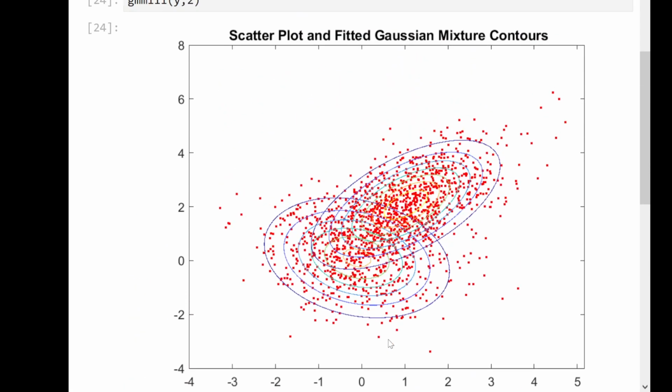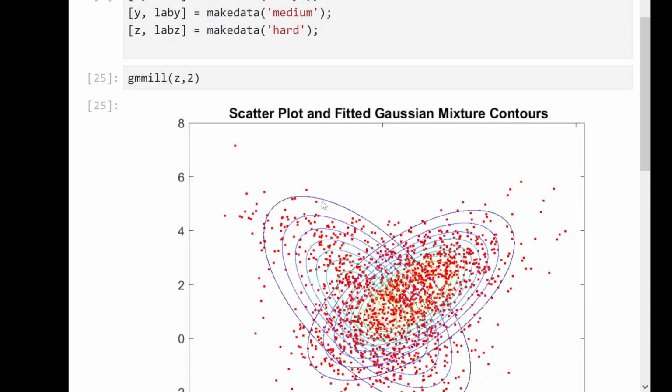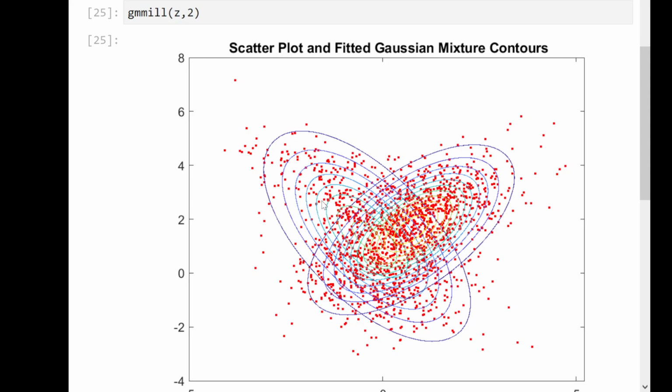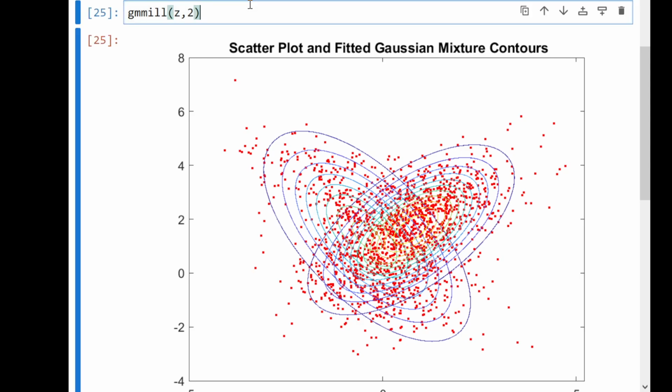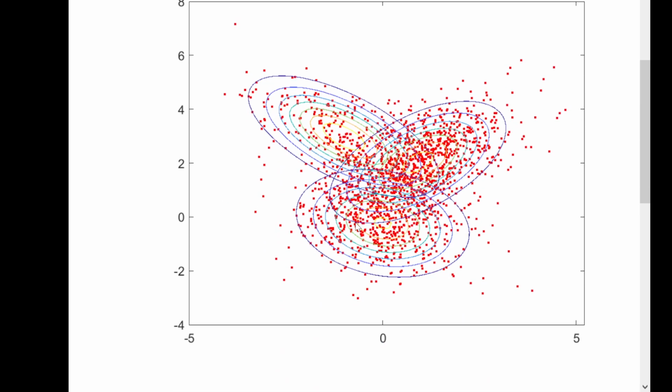And even on the harder data, the one that looked like 3 lobes of data, this is the best fit with 2 Gaussians, which looks okay. And then this is the best fit with 3 Gaussians, which looks even better because it has this satellite off to the left.